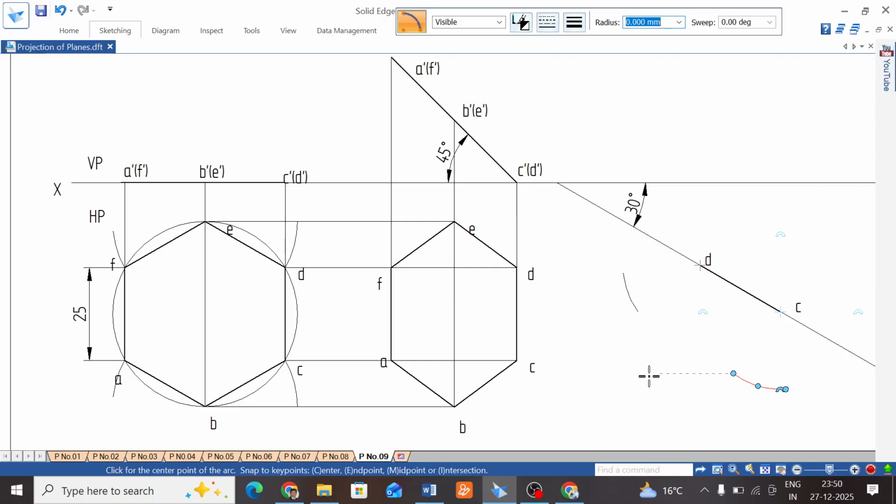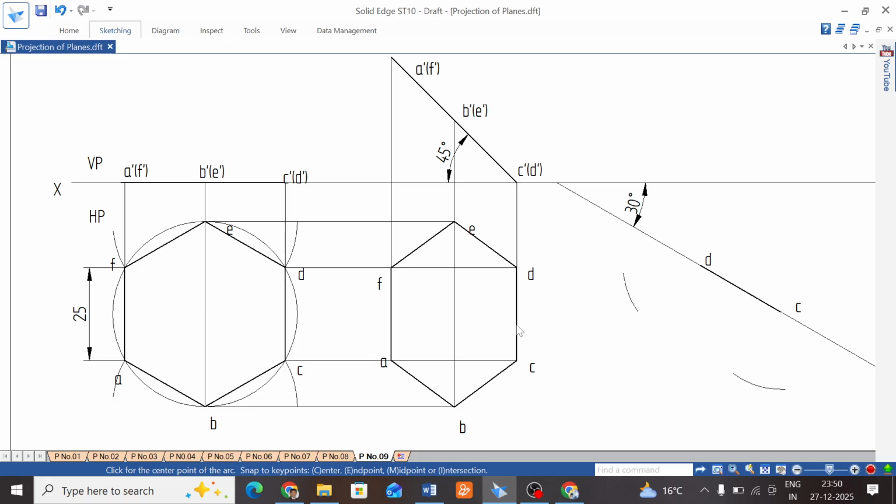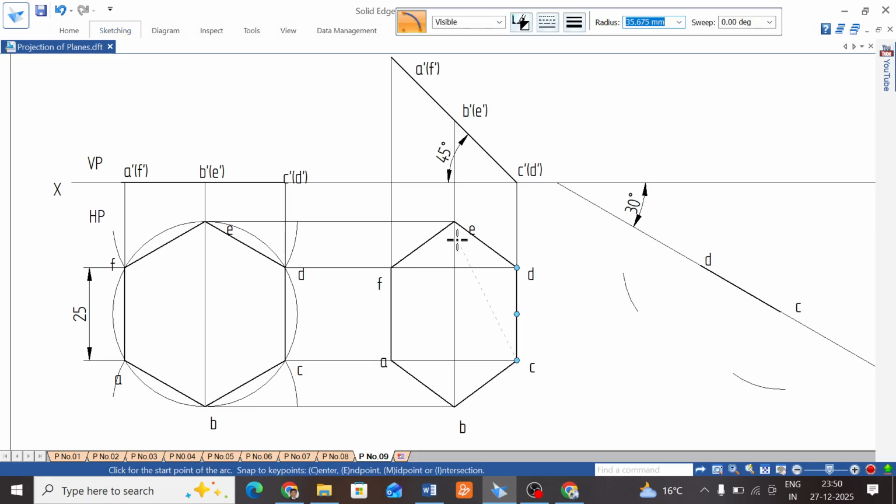To get the intersection point, take the diagonal C to E with the compass, it's 40 mm, then D to B also 40.